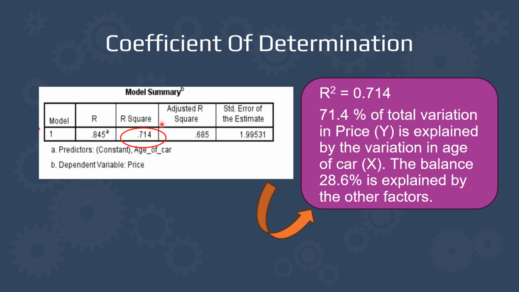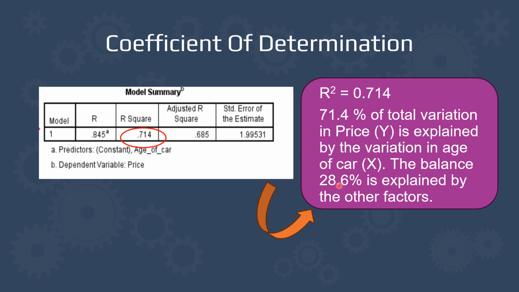Let's look at the value here. We have 0.714, so it means that approximately 71.4% of total variation in the car's price is explained by the variation in age of car. So the remaining balance, 28.6%, can be explained by other factors that are not included in the model.